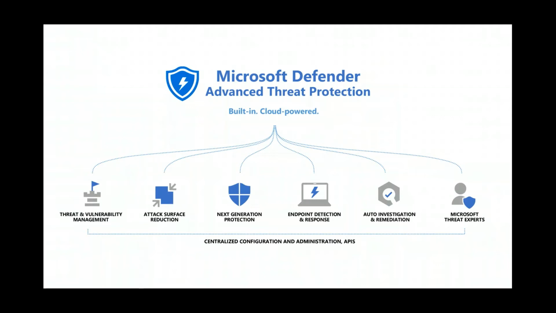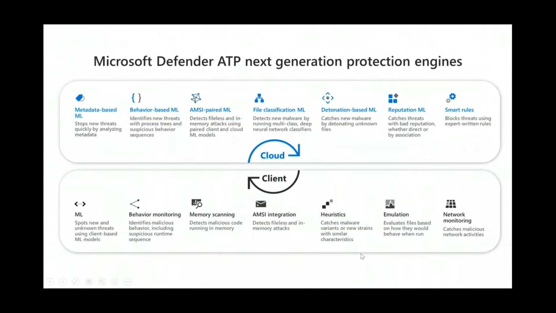Having a multi-layer protection of the endpoint means having multiple detection technologies in the same product, and most important, being able to integrate the capability of the agent, the sensor that runs on the workstation, with the power of the cloud services for the benefit of a more accurate detection.